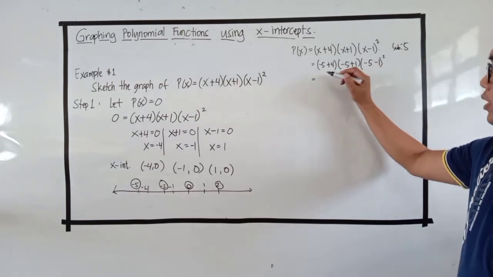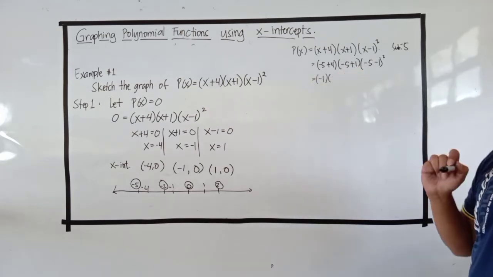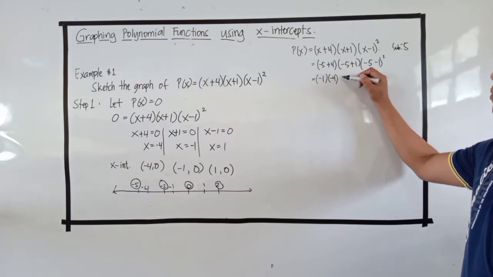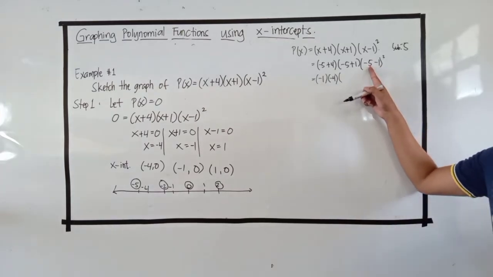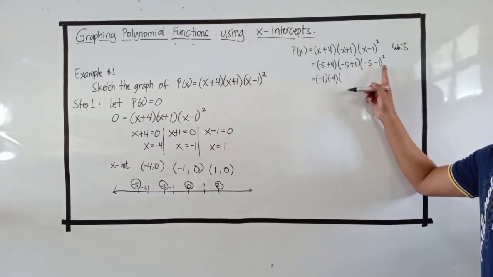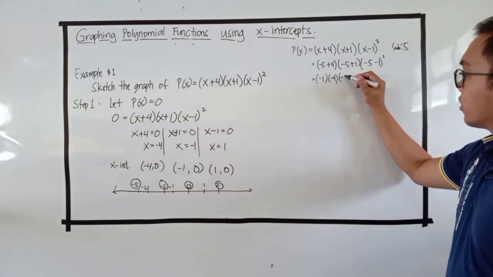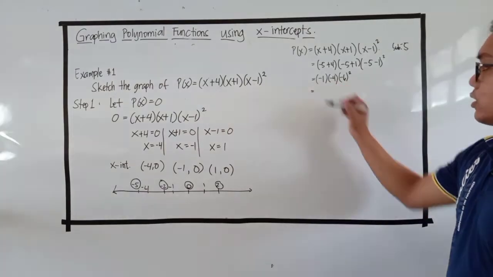Negative 5 plus 4 is negative 1, times negative 5 plus 1 is negative 4. Then, negative 5 minus 1 is negative 6, and this is squared.